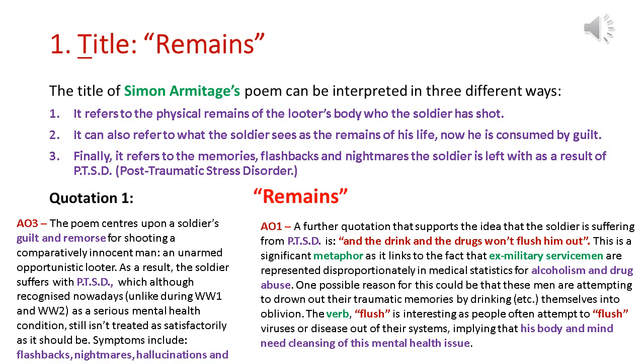So he feels like his own life is in tatters. And thirdly, it can refer to the memories, the flashbacks and the nightmares that the soldier's been having as a result of this shooting. Now, we more commonly know that experience as post-traumatic stress disorder.